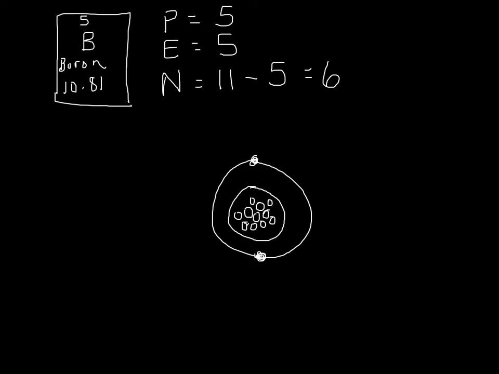There are a couple different ways to delineate these energy levels, but for right now in this class we're going to use the KLMNOP method. So this first level is the K level, and now we've filled up that level now that it has 2.